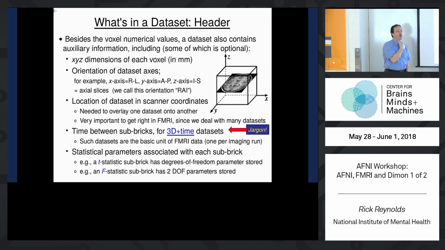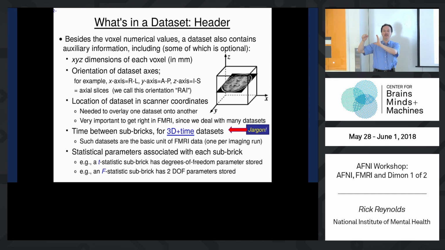That tells you where the voxels are in space, the resolution, how big are the voxels, what space are you in, what's the orientation of the data. So if I've got this box of data in here, and I want to access this voxel's location, where is it? How do I do that? Well, you have to know that it's in LPI orientation.